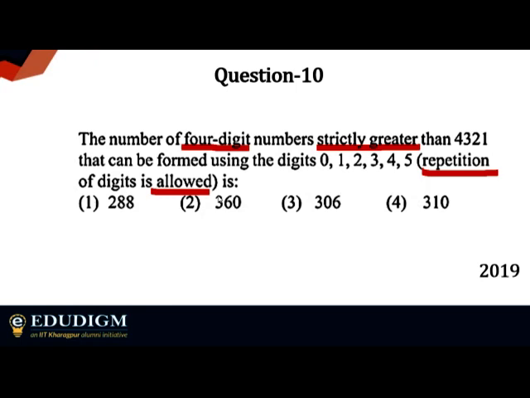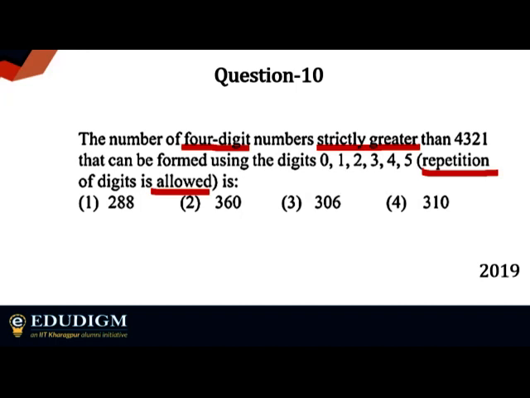Okay, I already see some answers. Let's see some more answers, then we will talk about the solution. Keep on trying it. This is not very difficult.